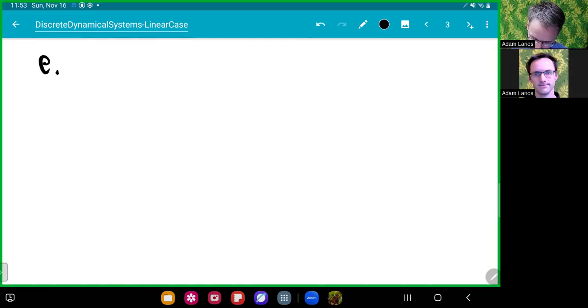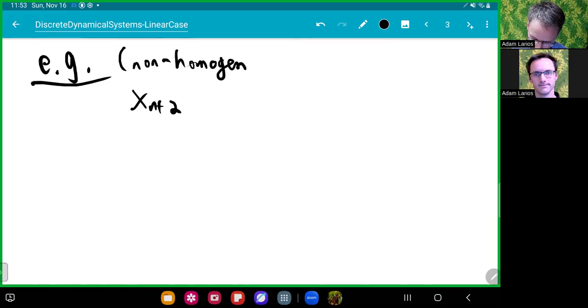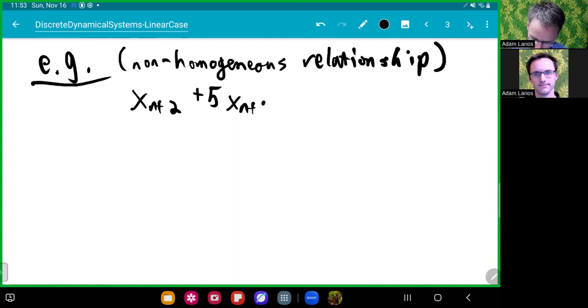So let's see an example here. x_{n+2} plus 5x_{n+1} plus 6x_n, and this is an example of a non-homogeneous recurrence relationship. I mentioned something about that earlier, but before we set it equal to 0 here, this is equal to 24n plus 2. So let's consider this recurrence relation.